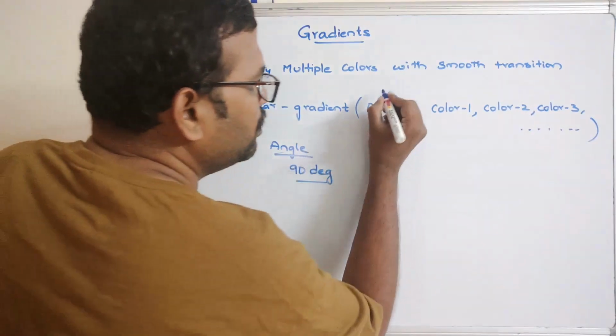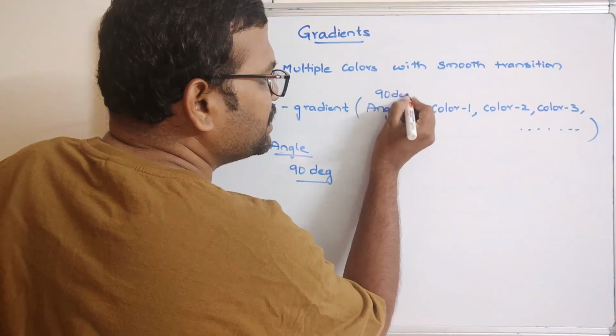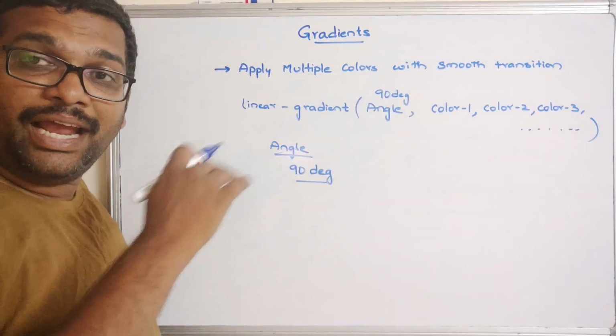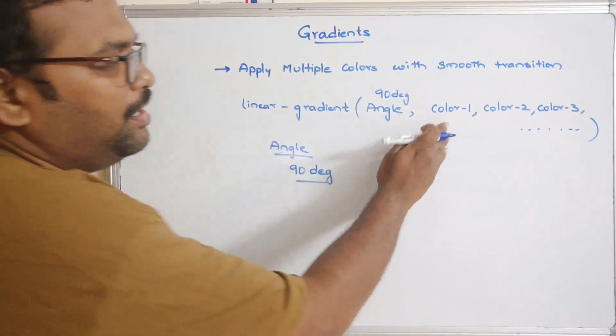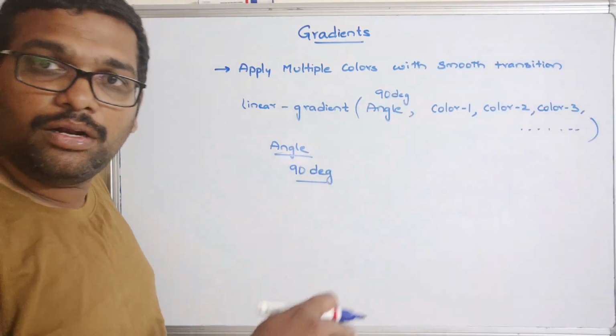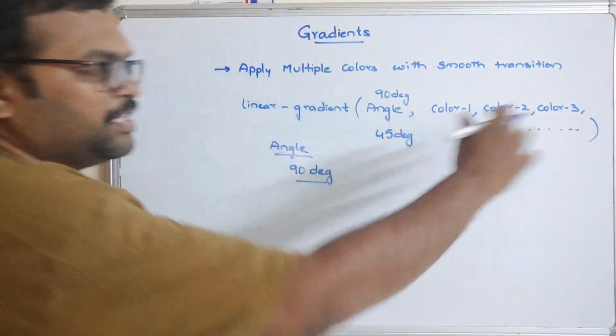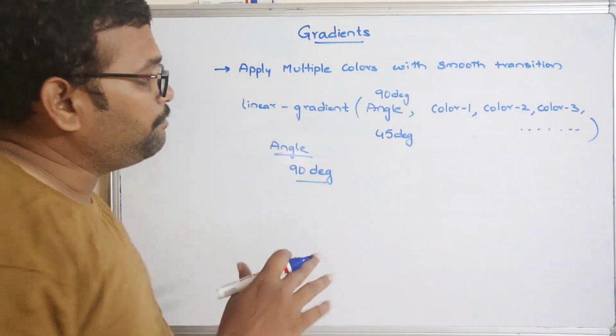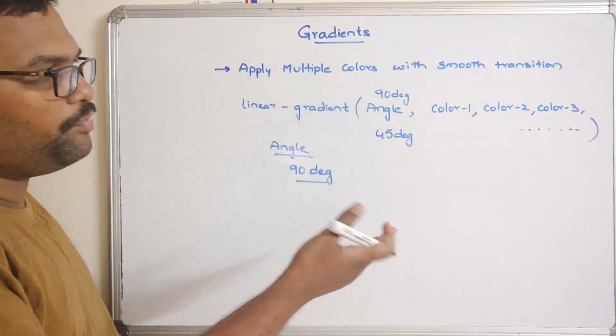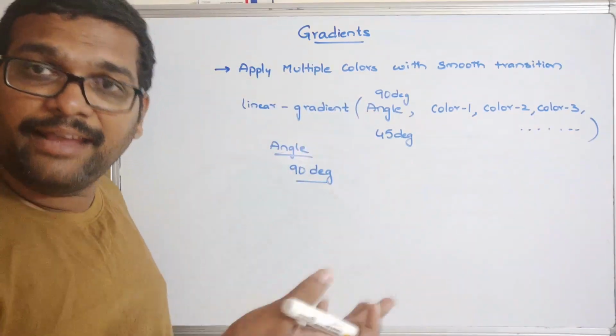So you can give 90deg, that means 90 degrees, the angle, and it will start with color 1, color 2, color 3, or 45 degrees. From 45 degrees, the combination will start. This is one more way we can apply the gradient, by specifying the angle.